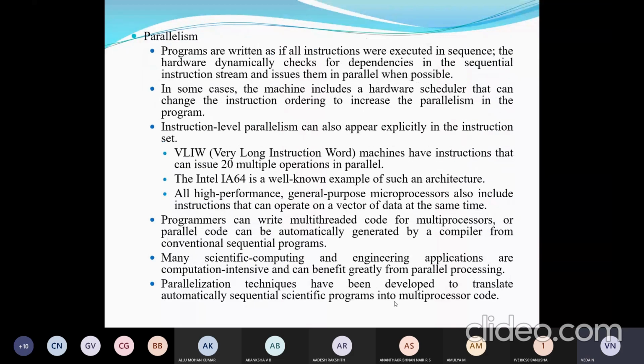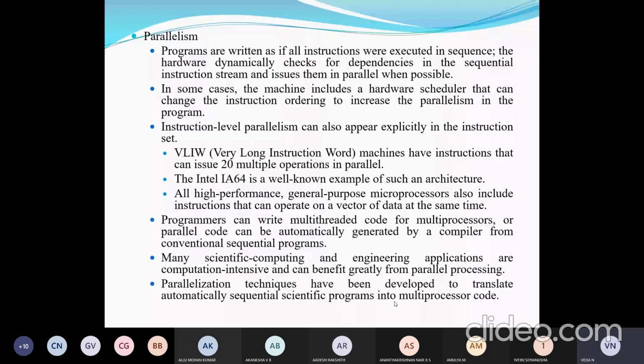Coming to parallelism alone, the first concept is that programs are written as if the instructions were executed in sequence. It's the hardware that checks for dependencies in the instructions and tries to execute them sequentially or in parallel if possible.